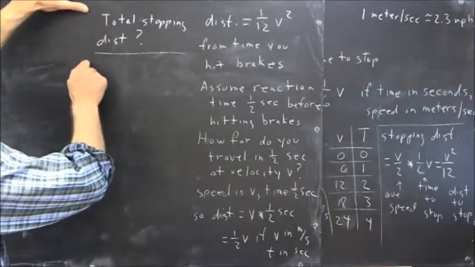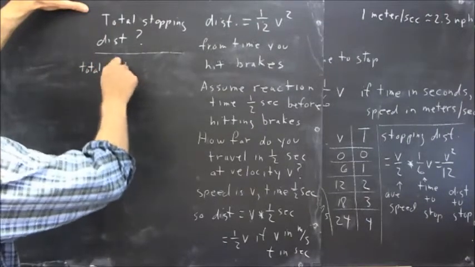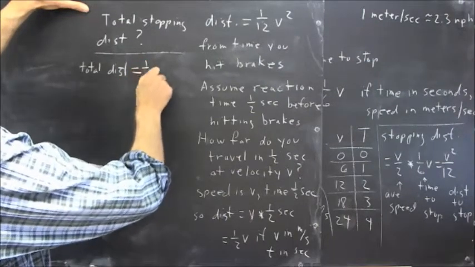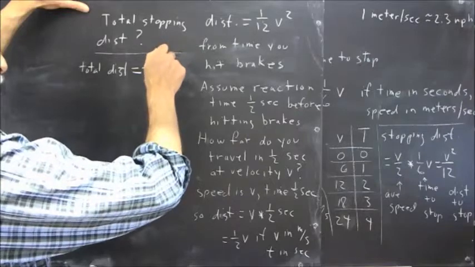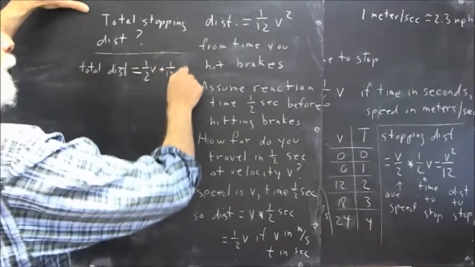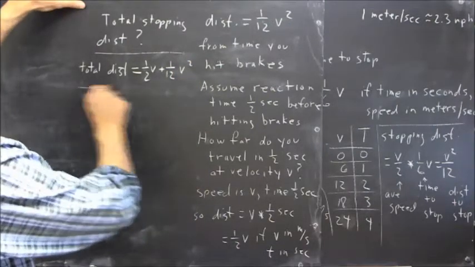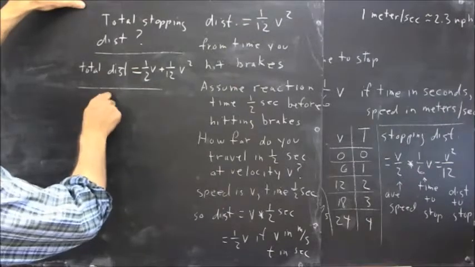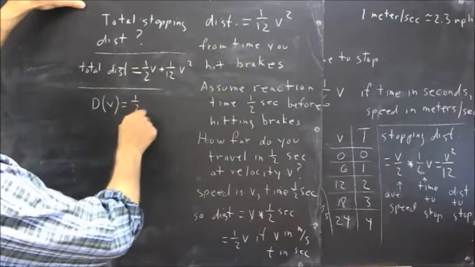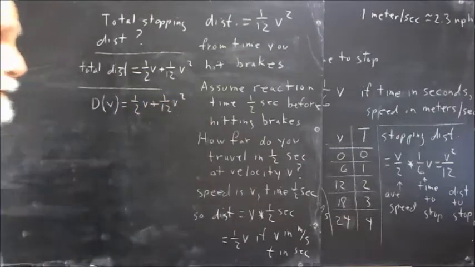So total distance is 1/2 v plus 1/12 v squared. So now we have this function, which I'll call d of v, which is 1/2 v plus 1/12 v squared.